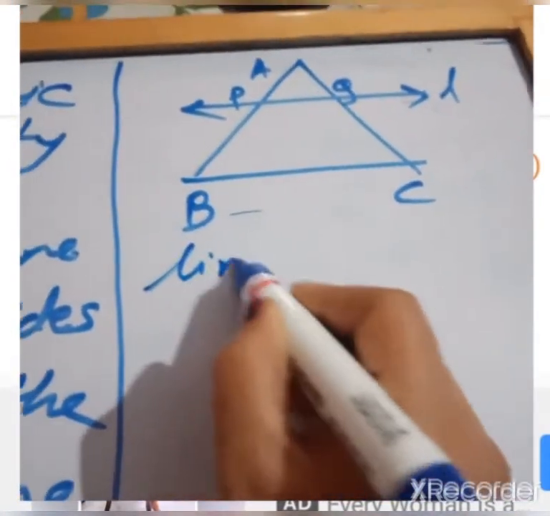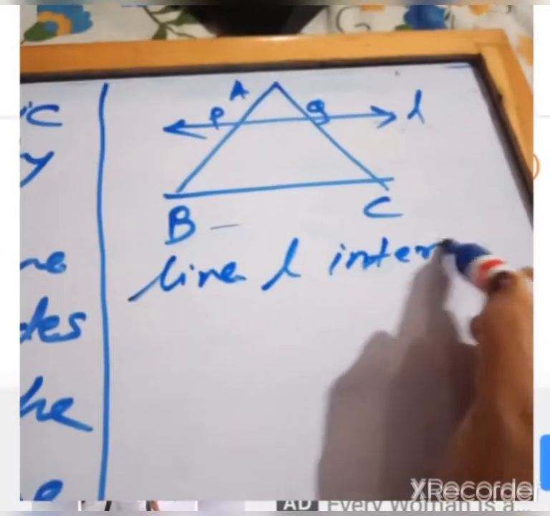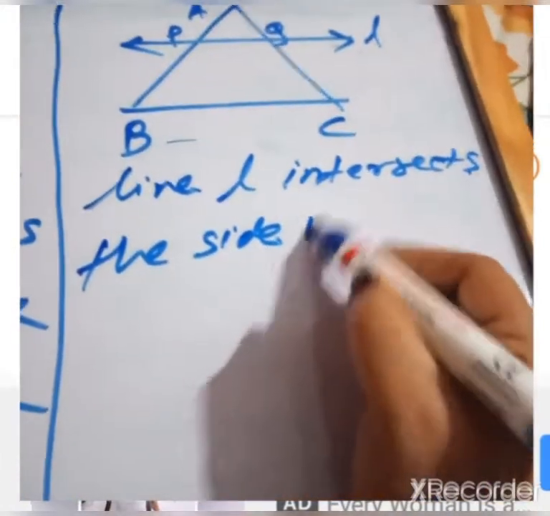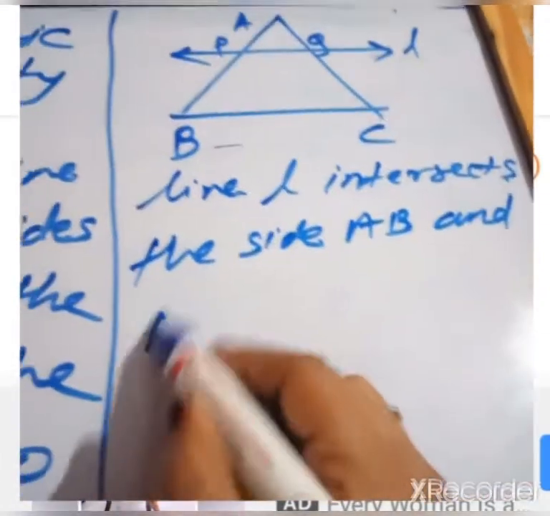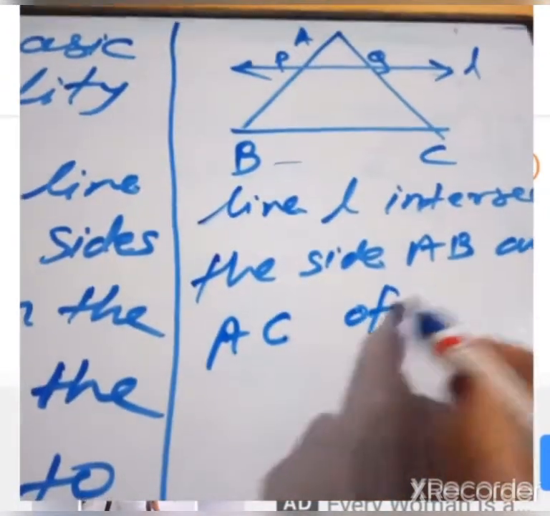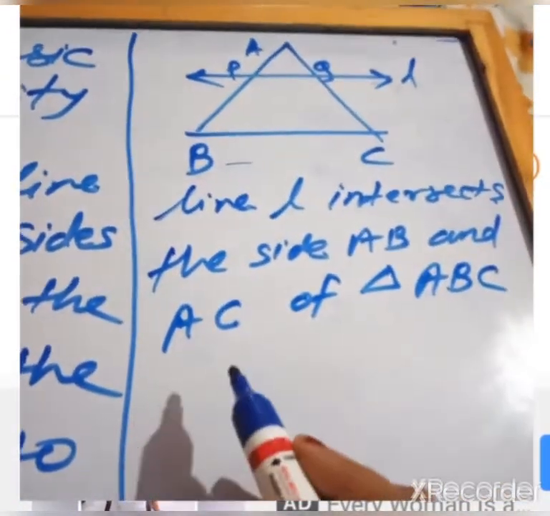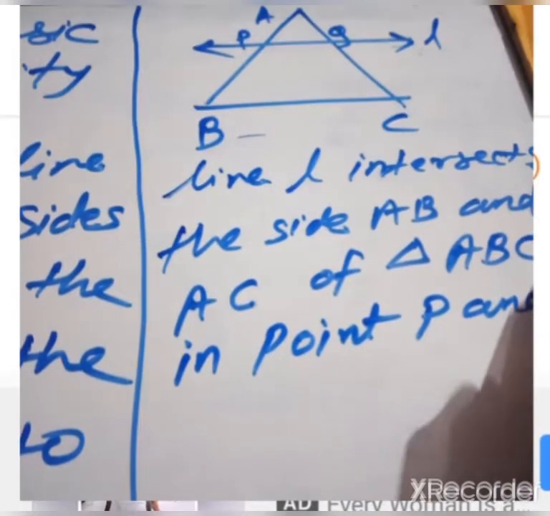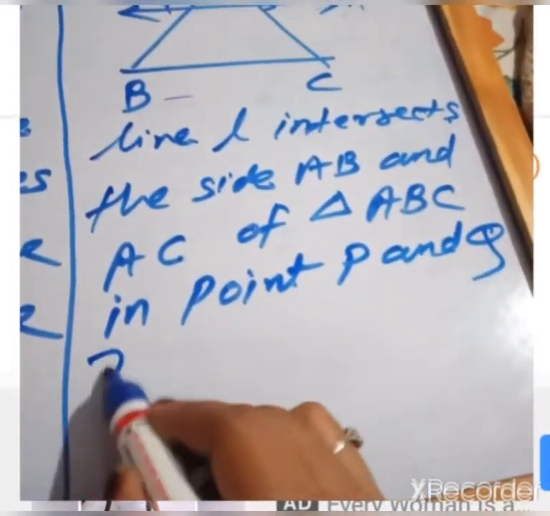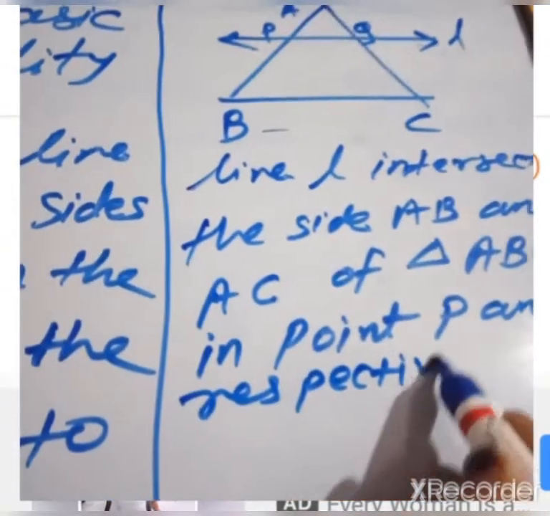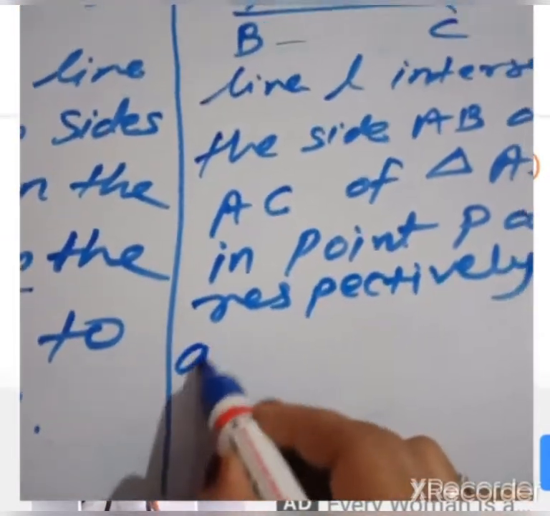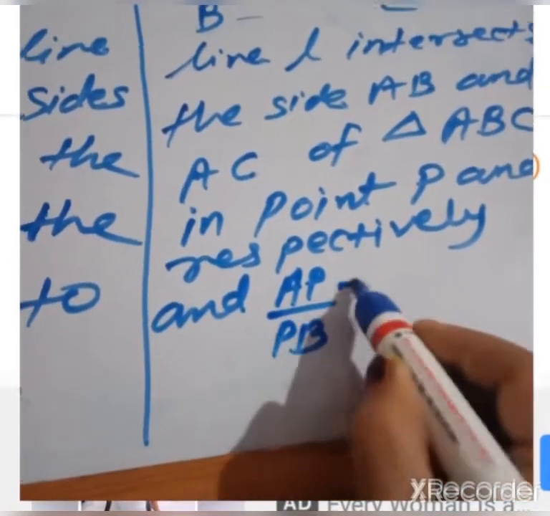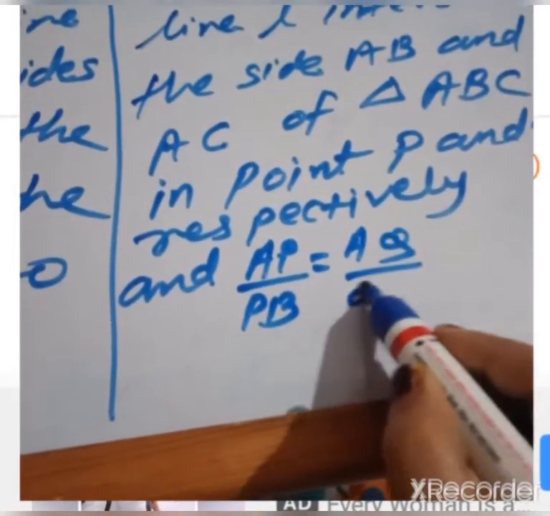Line L intersects the sides AB and AC of triangle ABC in points P and Q respectively, and AP upon PB is equal to AQ upon QC.